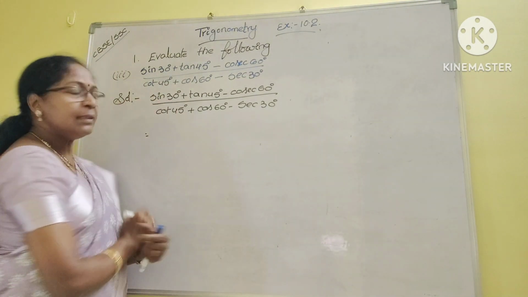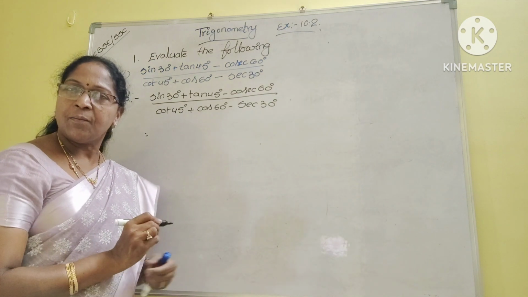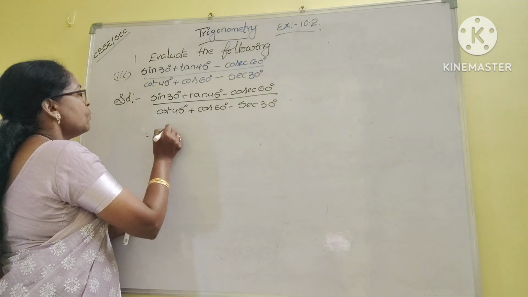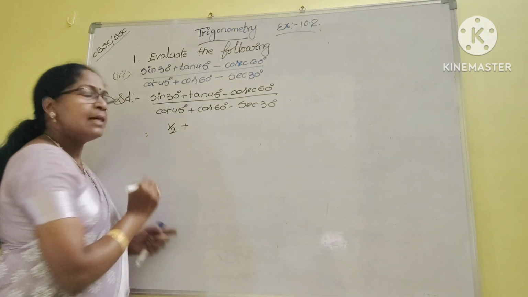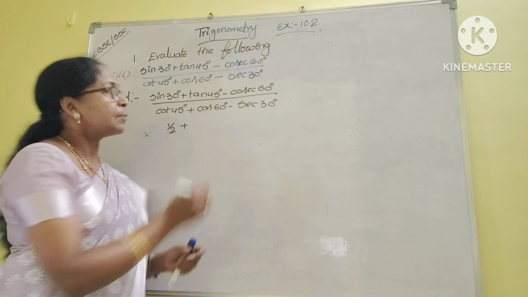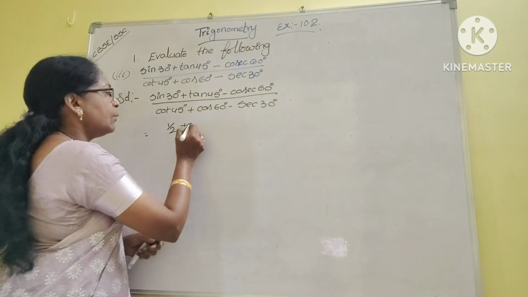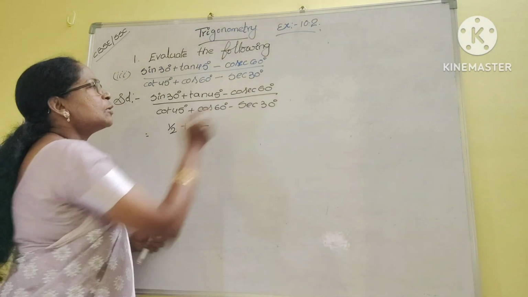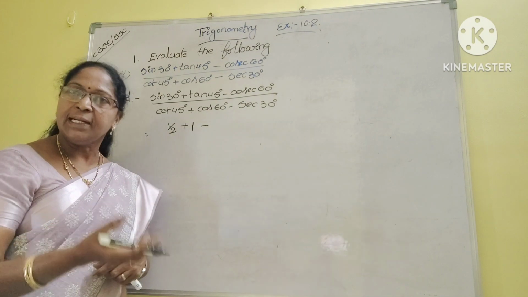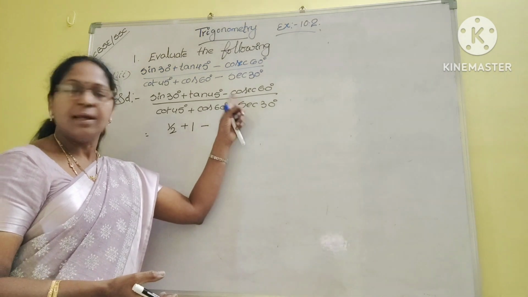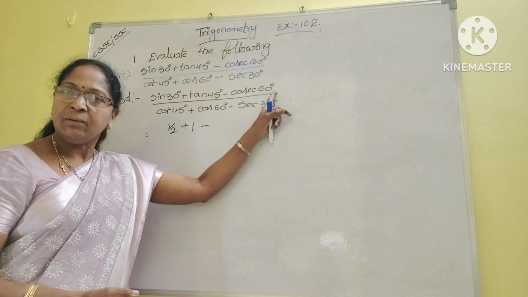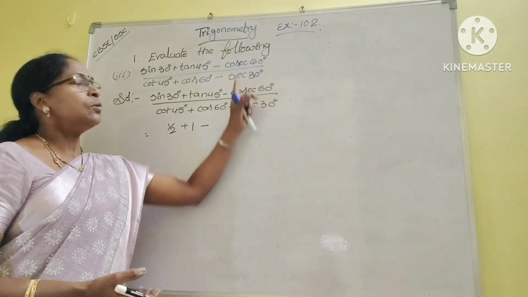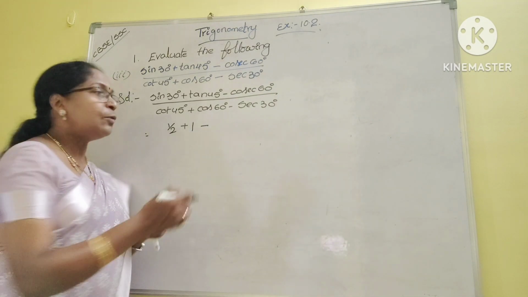Now sin 30 degrees, sin 30 equals how much? 1 by 2. So 1 by 2 plus tan 45, which equals 1, minus cosecant 60. Cosecant is the reciprocal of sine, where sine 60 equals root 3 by 2. So cosecant 60 equals 2 by root 3.